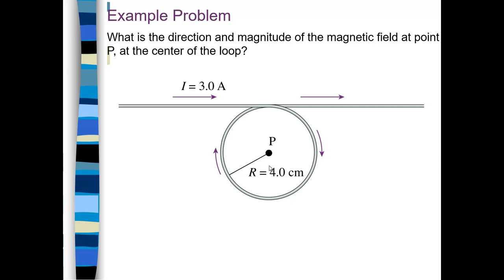It's not going out of the page. On the right side of the coil, take your thumb and point it down, and that wraps your fingers into the page. If you move to the left side and point up, it also wraps your fingers into the page in the center. So we know the direction. Now let's find the magnitude.